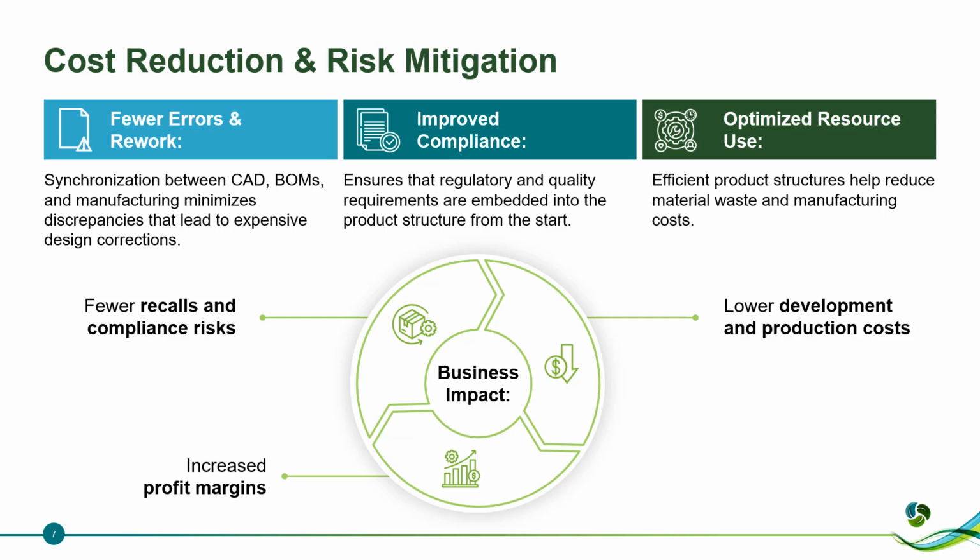Well, with the unified product structure, it's always in sync. They're tied together. So there's no synchronizing that has to happen by the user or by some automation. Improved compliance ensures that regulatory and quality requirements are embedded into the product structure from the start. Optimized resource use, efficient product structures help reduce material waste and manufacturing costs.